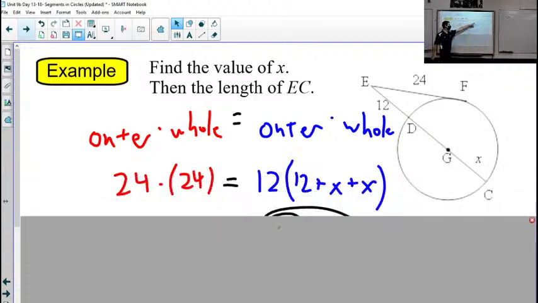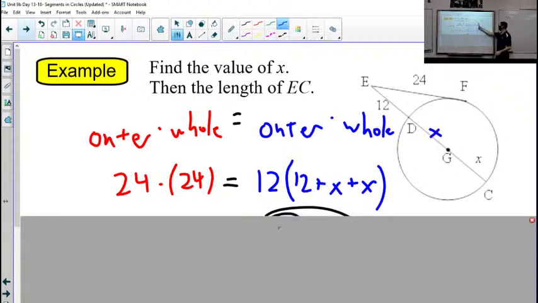Outer and the whole are the same here. The outer part is 24. The whole thing is also 24. Over on the right side, my outer is 12. The whole thing, remember I have x here, so 12 and x will make the entire thing.